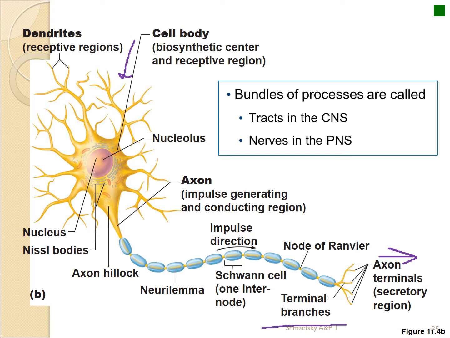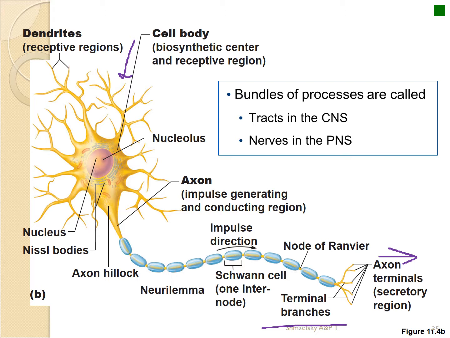And these terminal branches can go to usually one, but sometimes one or more, but very few, what we call effectors. That means this can produce a secretion, or it could go to a gland, to a muscle, or it can go to another neuron and just convey information.